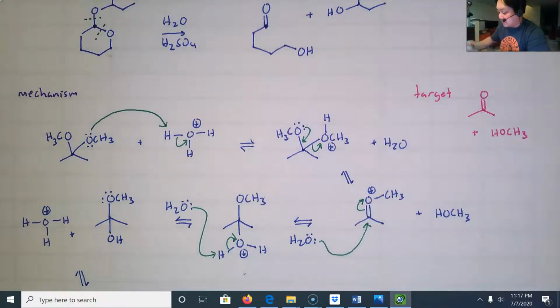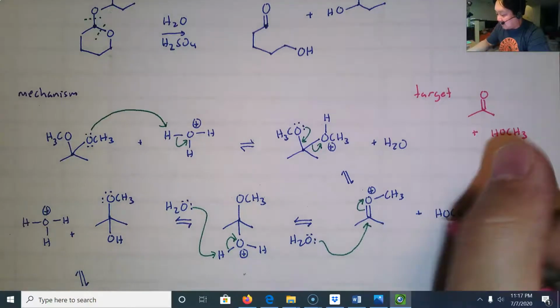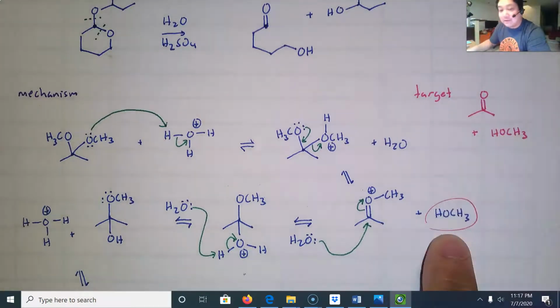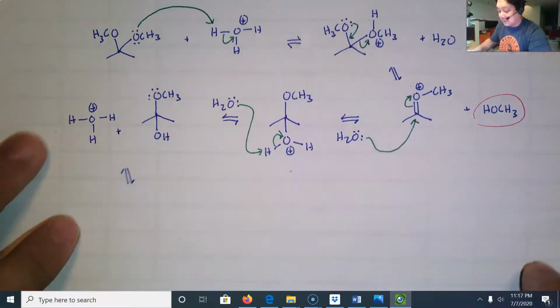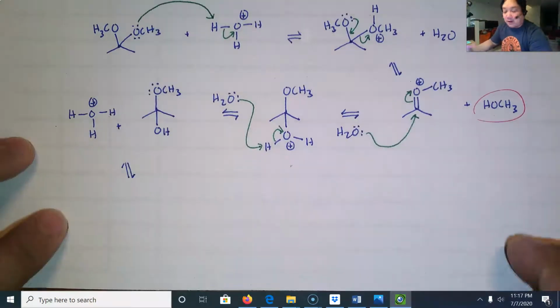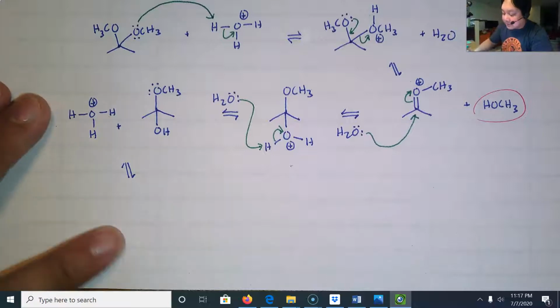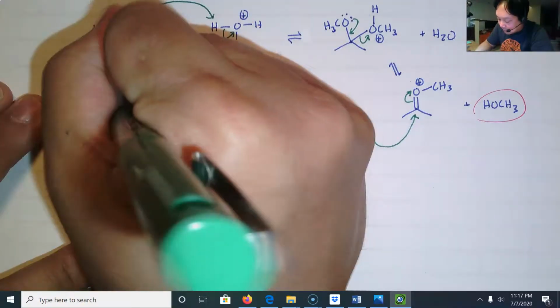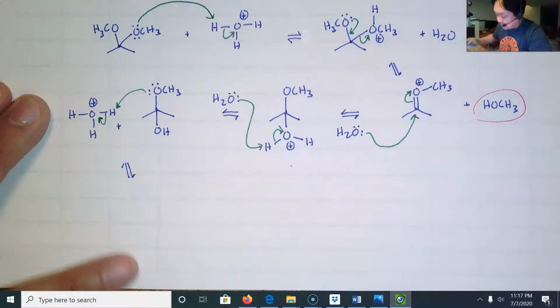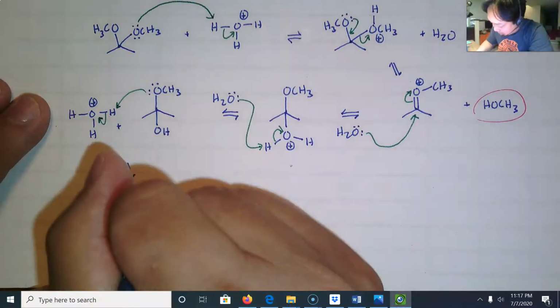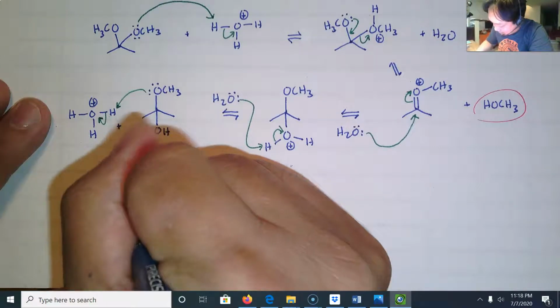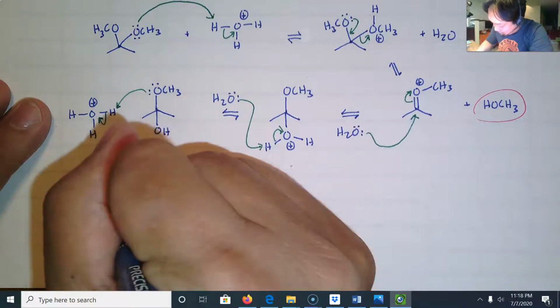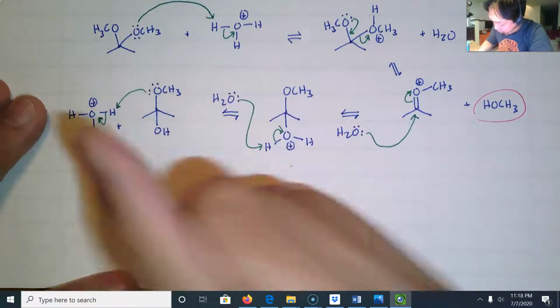Let me circle the molecules that we've already made that satisfy this target. We already made that, but we need a second molecule of methanol, which is going to come from here. Let us protonate so this becomes a good leaving group. We created water again.